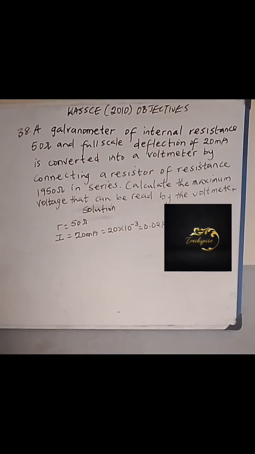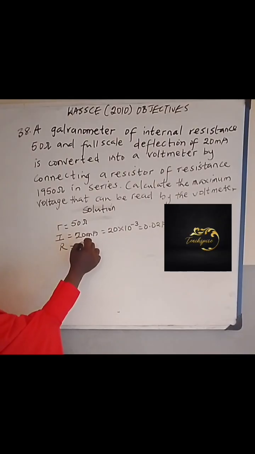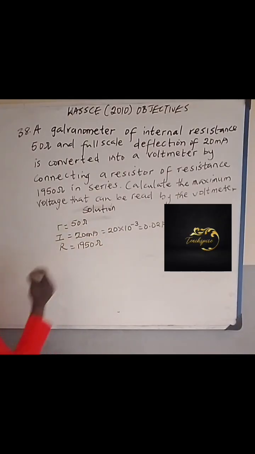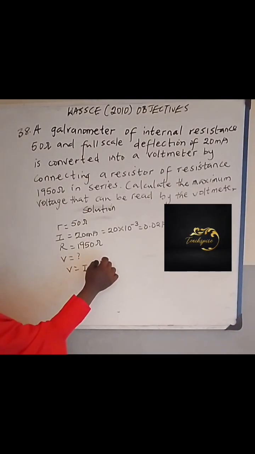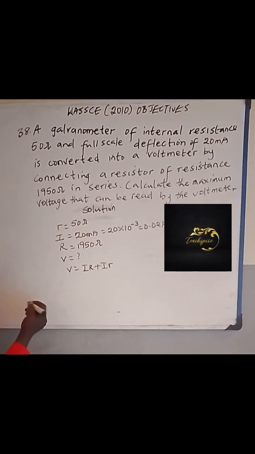It's converted into a voltmeter by connecting a resistor of resistance. So we are given a resistance of 1950 ohms in series, and we're asked to calculate the maximum voltage in it. The maximum voltage is given by the sum of the internal resistance and the external resistance.